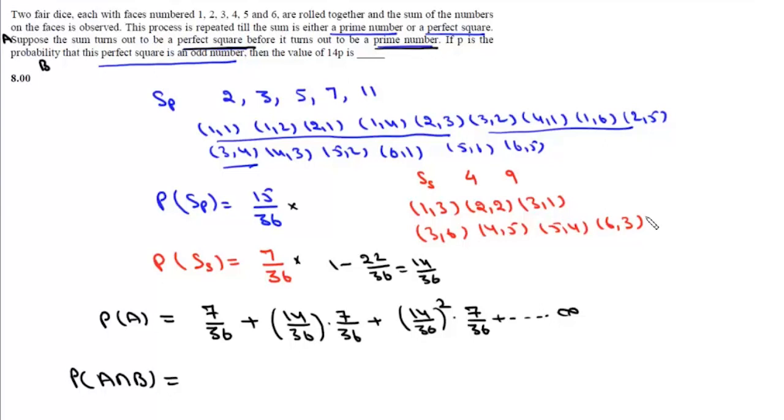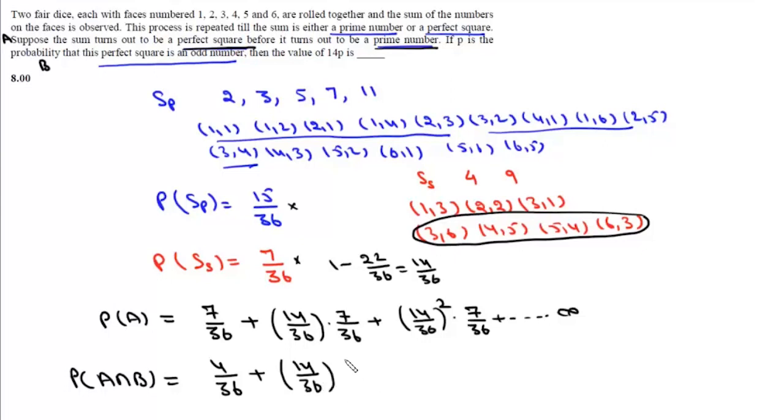Now it will be an odd number if we have this sum as 9. So this success will be 4 by 36 plus, now it will be 14 by 36 into 4 by 36, and this series again will continue up to infinite.